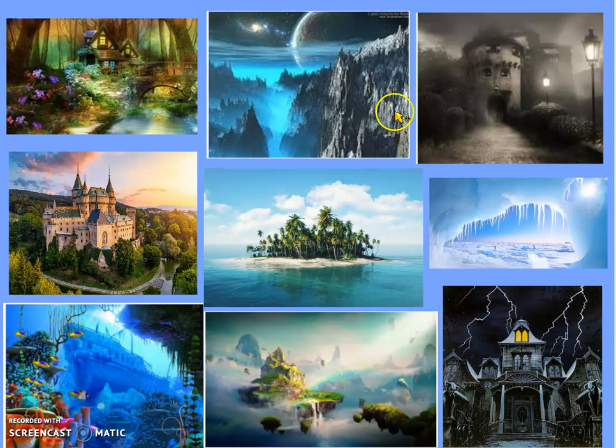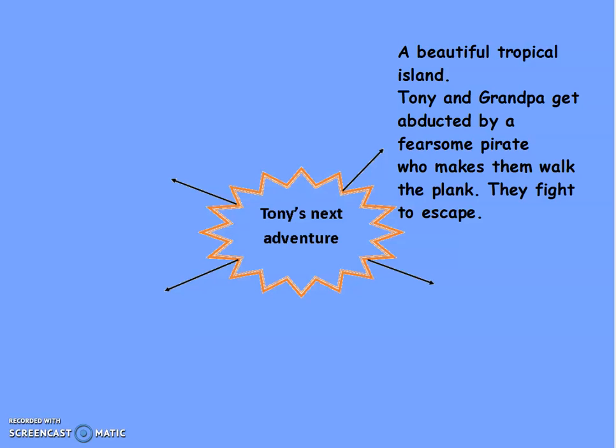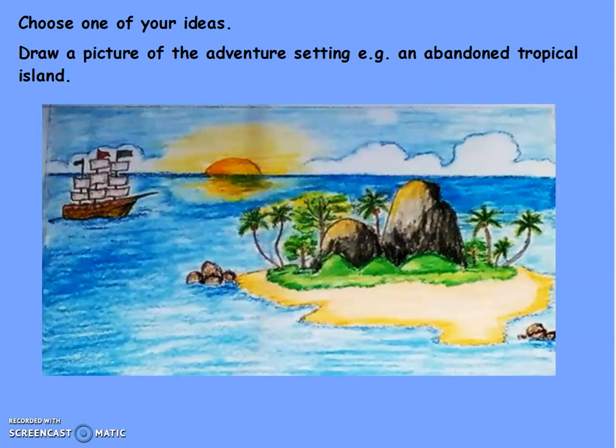Remember, you might choose to use one of these, or you might choose to think of your own. So you choose your setting and you think of a plot idea for the adventure. Pause the video now while you do your mind map in your literacy book. And press play when you're ready for the next task.